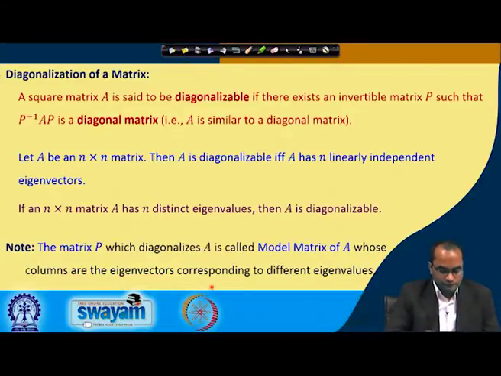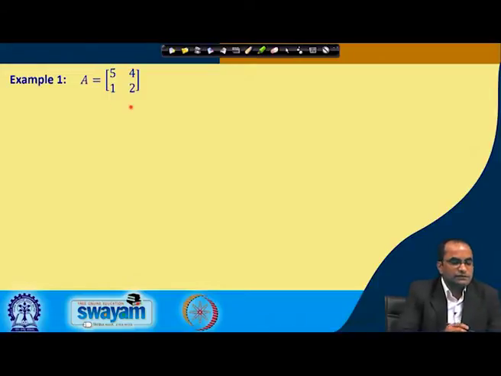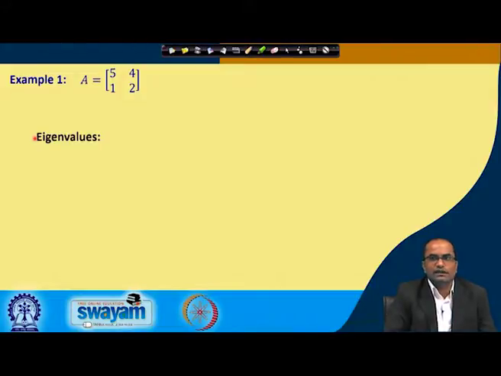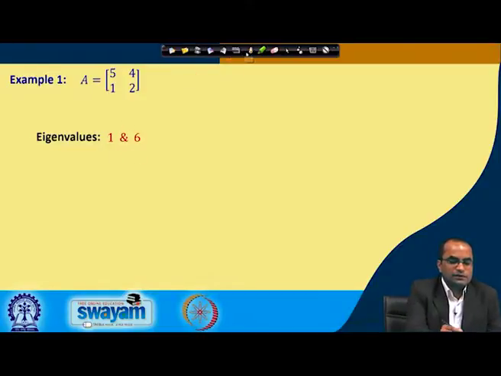Now let us consider this example with A equal to 5 4 and 1 2. Here we will not spend much time computing eigenvalues and eigenvectors, because we have already seen that in previous lectures. We can compute the eigenvalues for this example, and they come out to be 1 and 6. The idea is simple: we have 5 minus lambda, 4, 1, and 2 minus lambda.